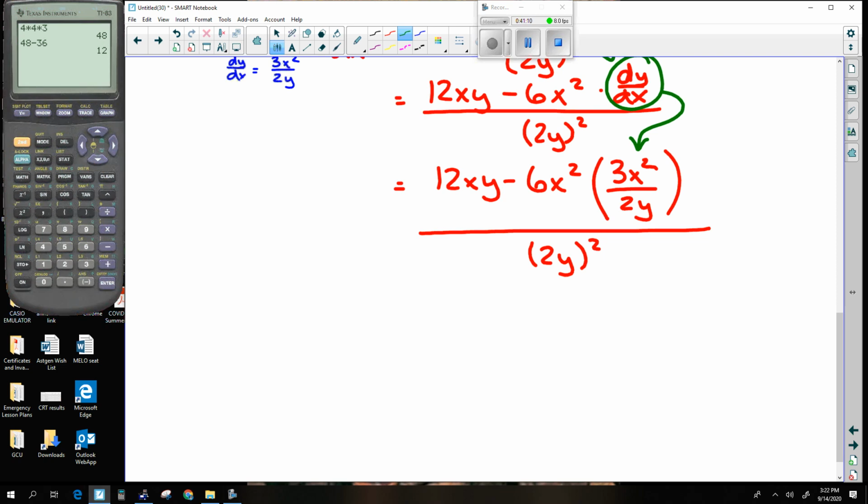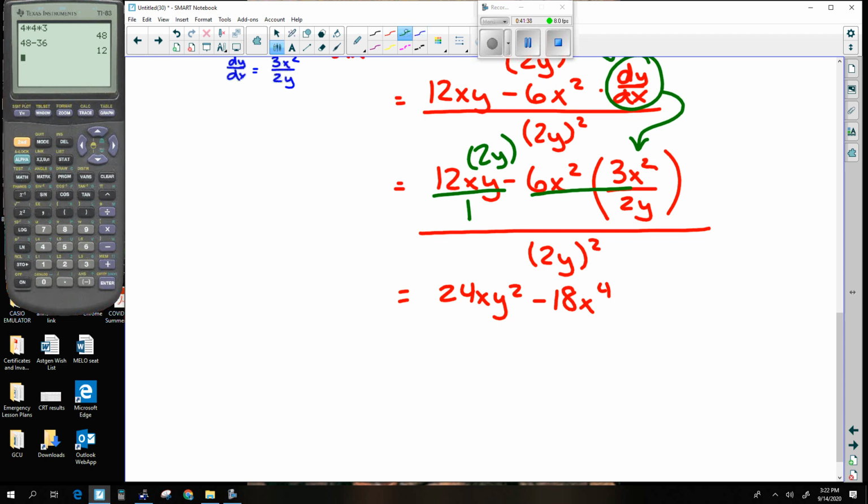Now I created another problem for myself, though, and I have, in essence, two fractions inside of a fraction. All right, so this side is going to have a 2y to get a common denominator. So this is going to be 24xy squared minus 18x to the fourth, all over 2y.